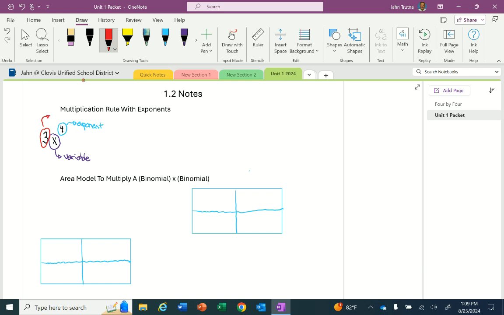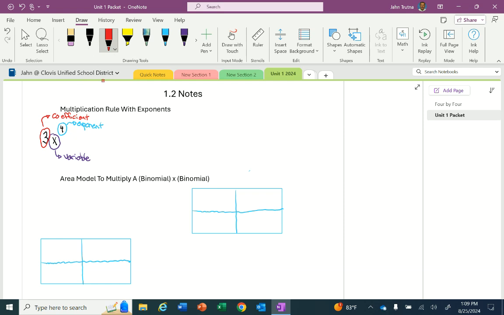That is called the coefficient. C-O-E-F-F-I-C-I-E-N-T, the coefficient. So we've got coefficients, that's the number in front of a variable. A variable is a letter, and then we have exponents, which in this case would be the 4.